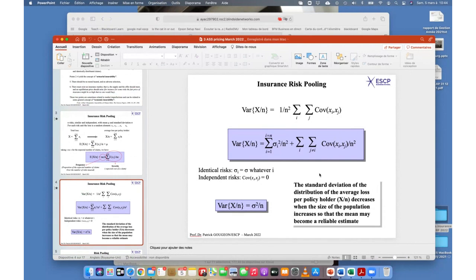But if they are not independent anymore, this is not zero, and then you can have a huge variance. And the huge variance would raise the same problem as what I have mentioned for the case of low frequency, high severity risk, because a large variance means that you have a huge safety load that might lead to a situation where the premium demanded by the insurer would be much too high for people to accept it.